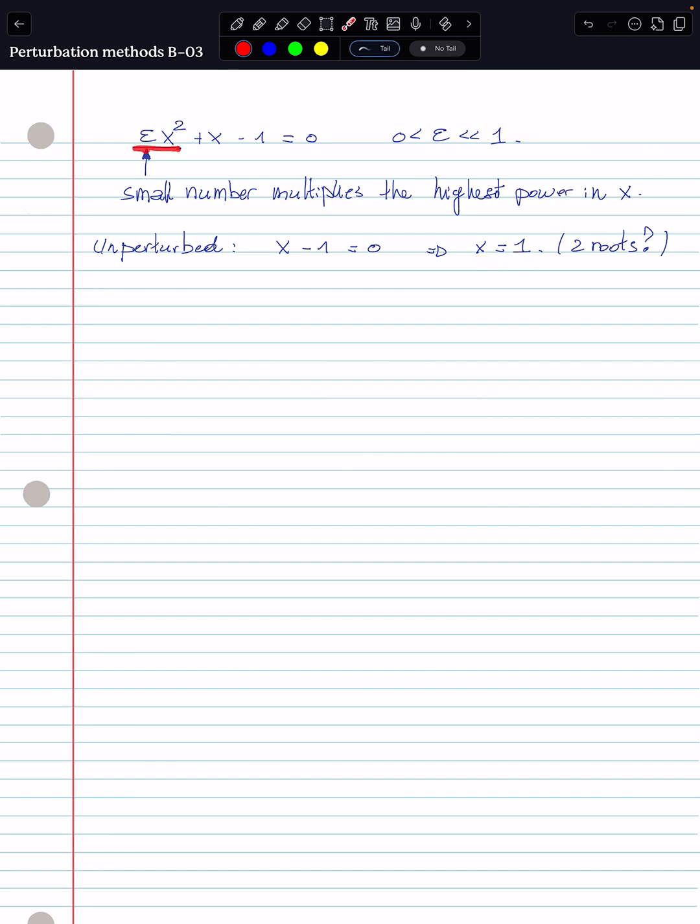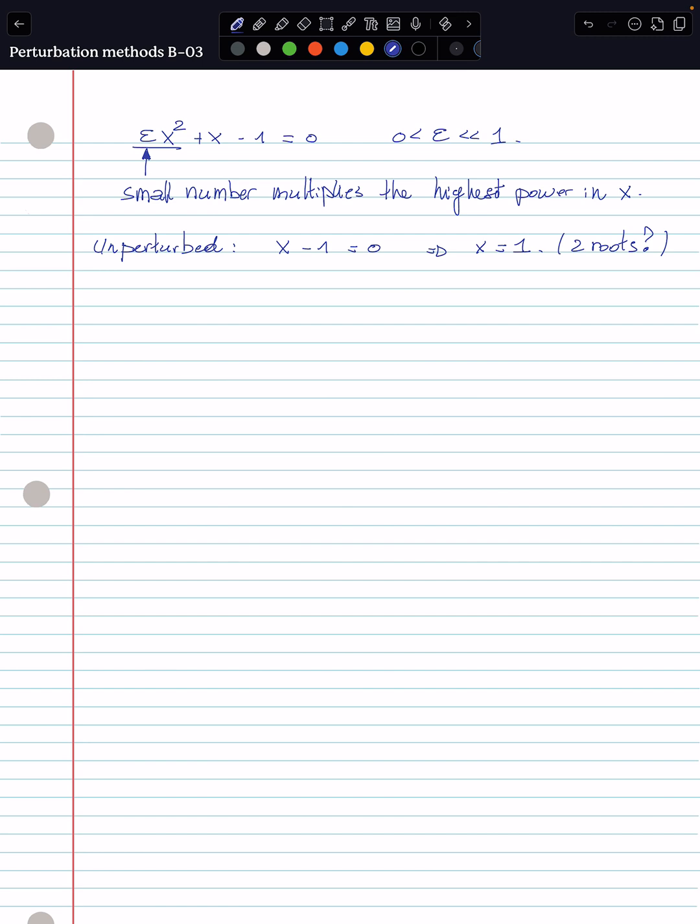But as soon as we add this perturbation, there's another root popping into the problem, and it should come from somewhere. If this is not obvious right now, maybe we'll just have a glimpse at it in a few minutes.